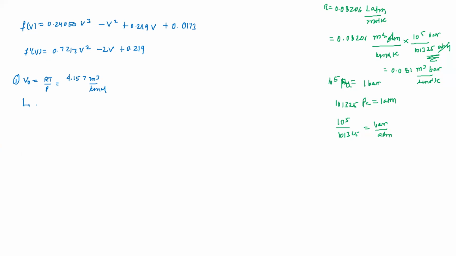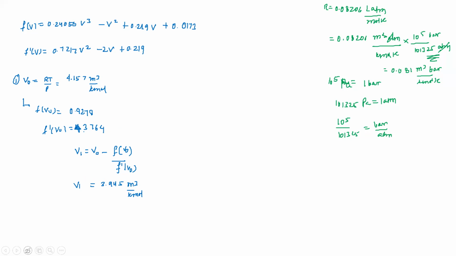Next step, calculate f of V naught and f dash of V naught. When we calculate, we get 0.9278 and 4.3764. From here we use the formula V1 equals V naught minus f of V naught upon f dash of V naught. V1 comes out to be 3.945 meter cube per kilomole.